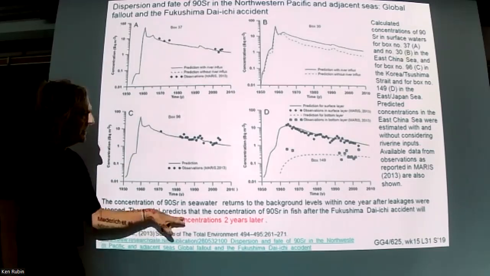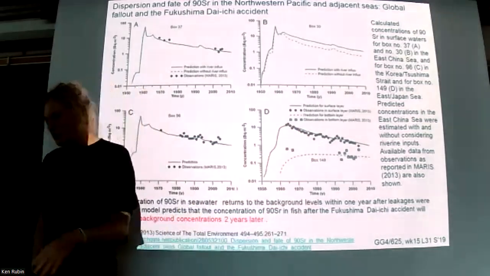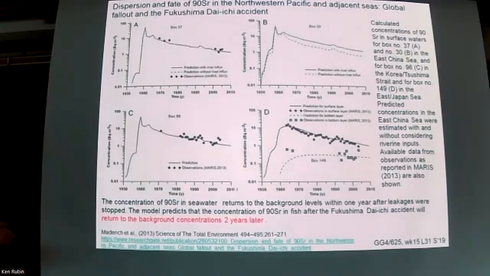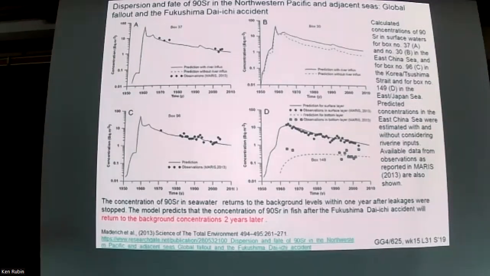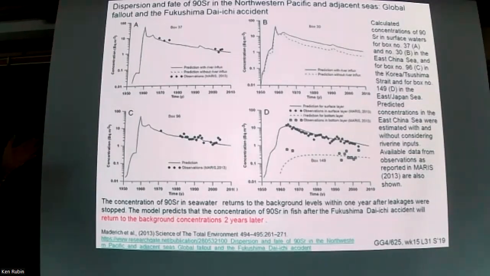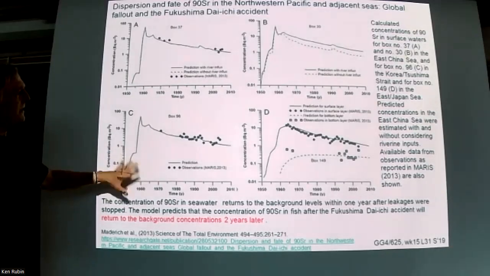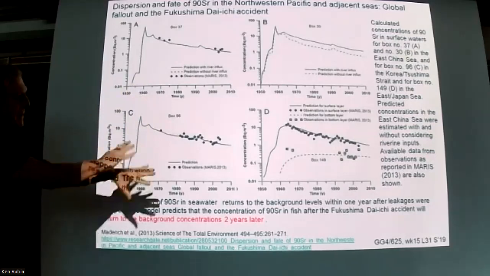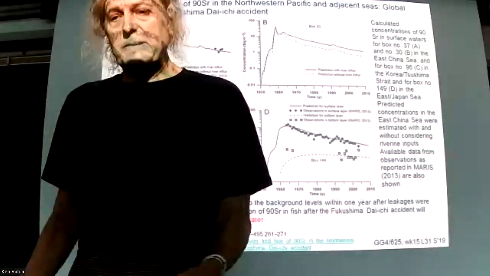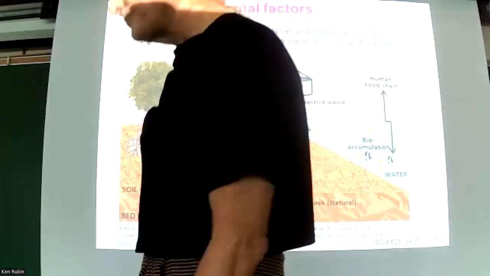And they thought that strontium-90 would return to background concentrations in just a couple of years, mostly due to mixing, not so much due to radioactive decay. But in this case, even though we know a lot of strontium went into the ocean, it's debatable how much of an impact there was, or maybe they missed the spot where there's an impact. I don't know, but people do look at this kind of stuff.